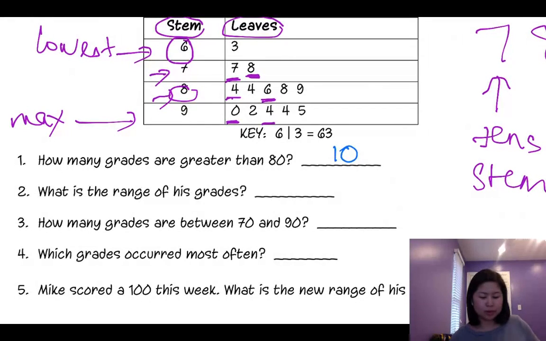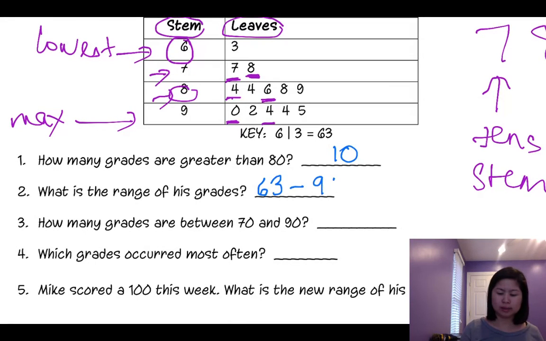What is the range of his grade? The range, here's a way that we did not really talk about earlier, but the range can go in both ways. It starts from the lowest to the highest. So the range goes from 63 to 95.